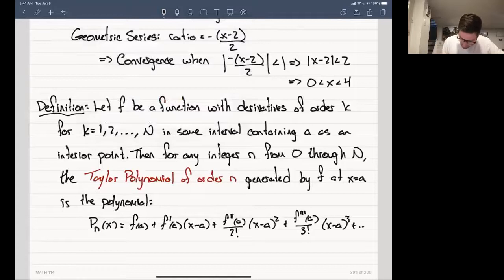And you keep doing this until you go all the way up to the nth term. So you get the nth derivative at a divided by n factorial times x minus a to the n.